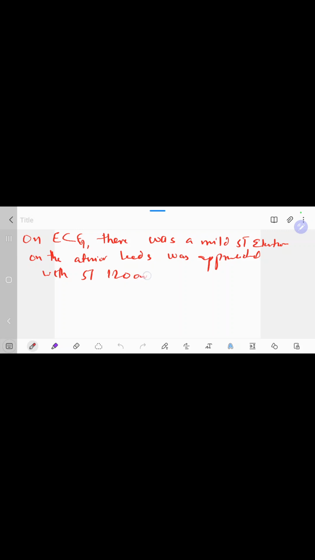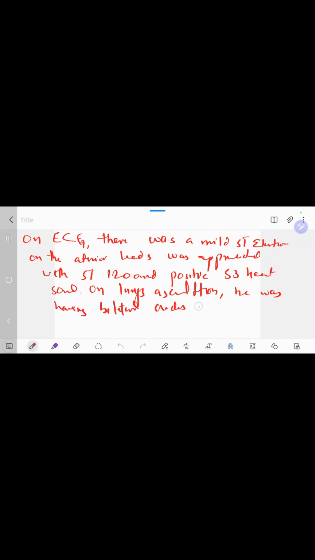And positive S3 heart sound, right? We can also write down on lung auscultation he was having bilateral crackles along with wheeze in her.